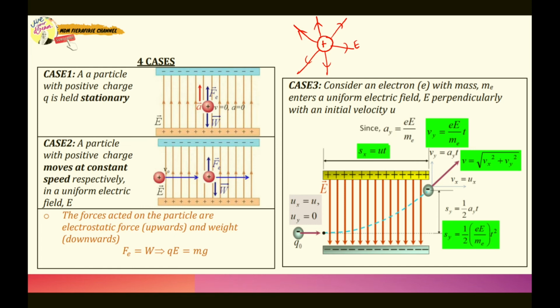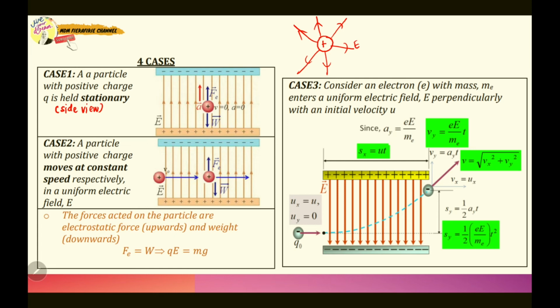Now look at the first case. We have a particle with positive charge Q and it's stationary. Why is it stationary? For example, we have a plate here and this is a side view, and we consider the weight.